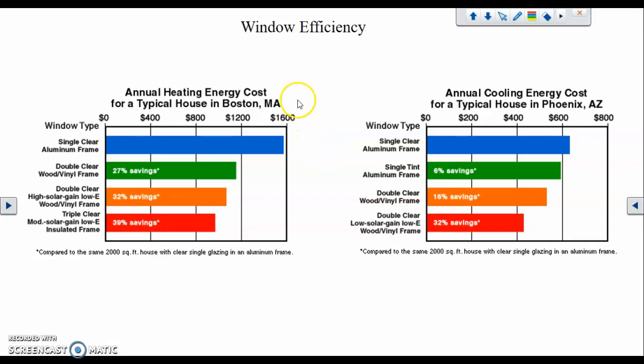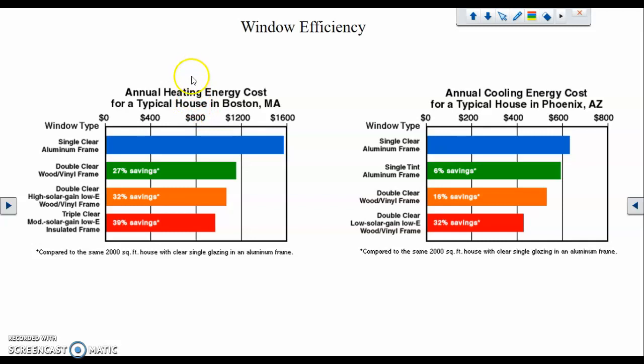So you just take 1,600 multiplied by 0.39, and that's how much you would save every year. Double clear is obviously still much more efficient. So double clear, 27% savings, 32% savings.